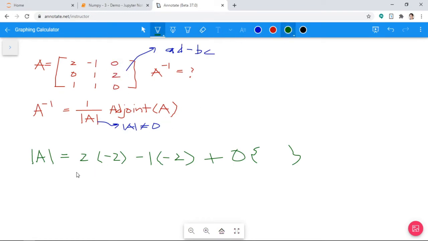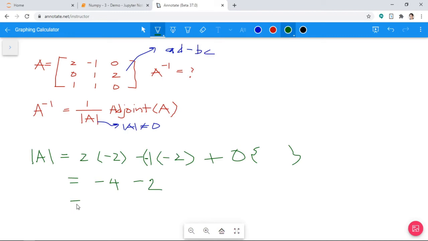So our determinant, if we derive this one, is -4 minus... by the way, this one is negative, so -1 times -2 is +2, so we have minus... this one is -2.